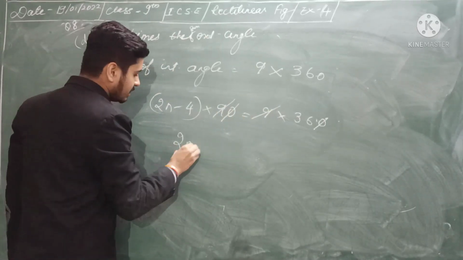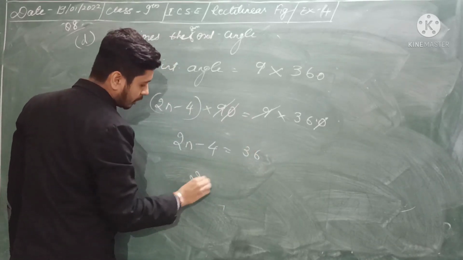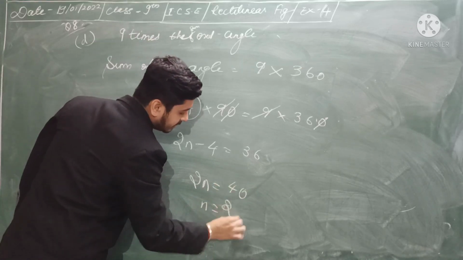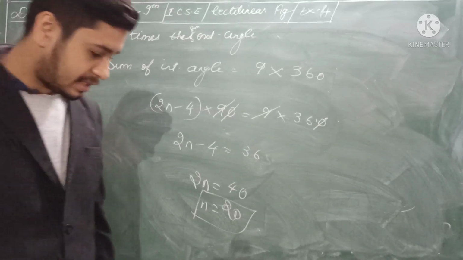Okay. So 2n minus 4 is equal to 36. Minus 4 can go that side, so it will become 40, and finally n will be equal to 20. So n equal to 20 sides is the answer.